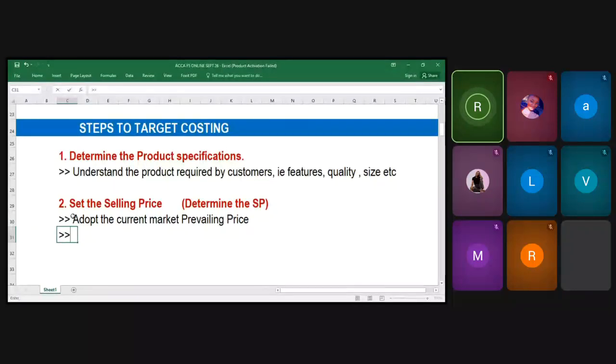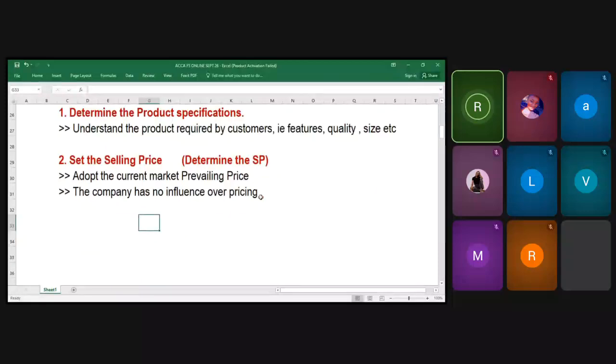So in other words, this theory is very critical. The company has no influence over pricing. So the price is determined by the market. Who is the market? It is the customers.